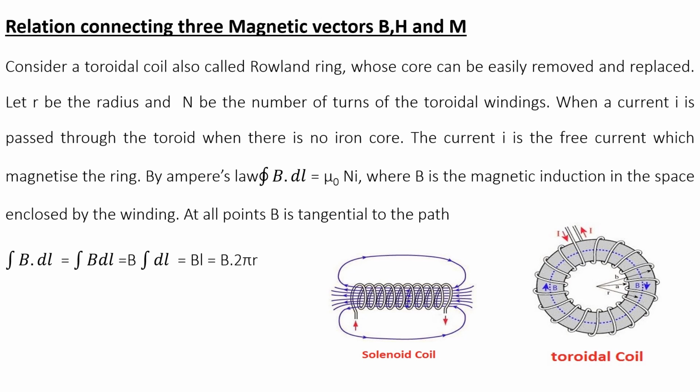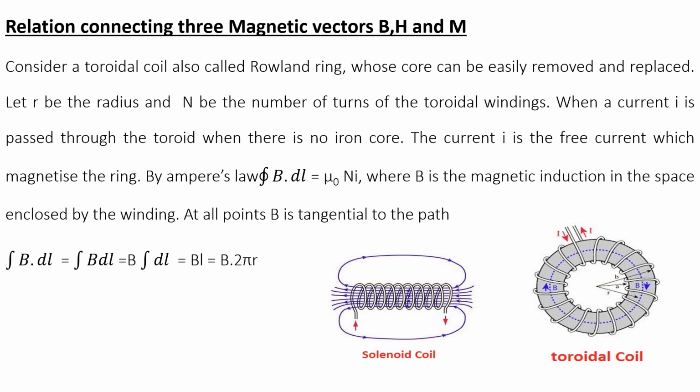When this solenoid is bent into the form of a circle, that forms a toroid. And hence, in the case of a toroid, the straight magnetic lines in the solenoid become circular.